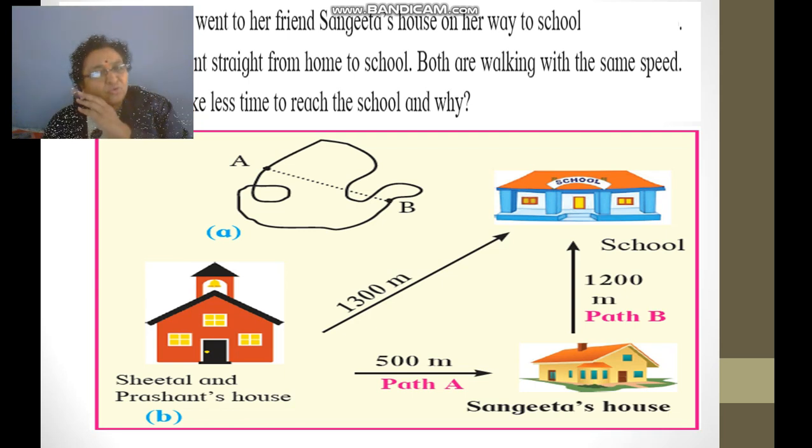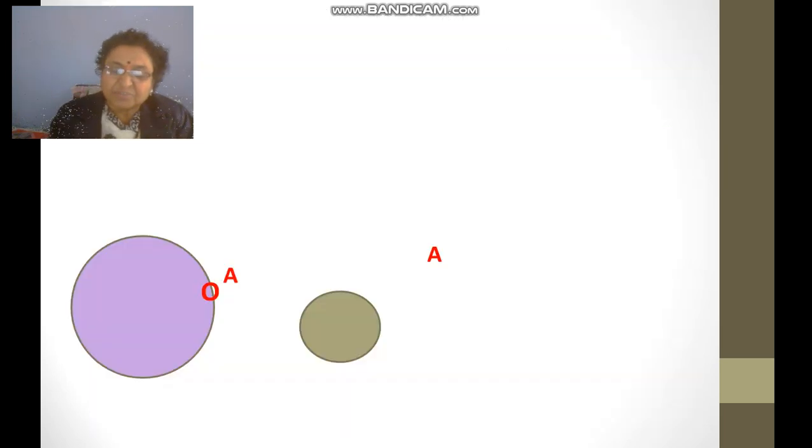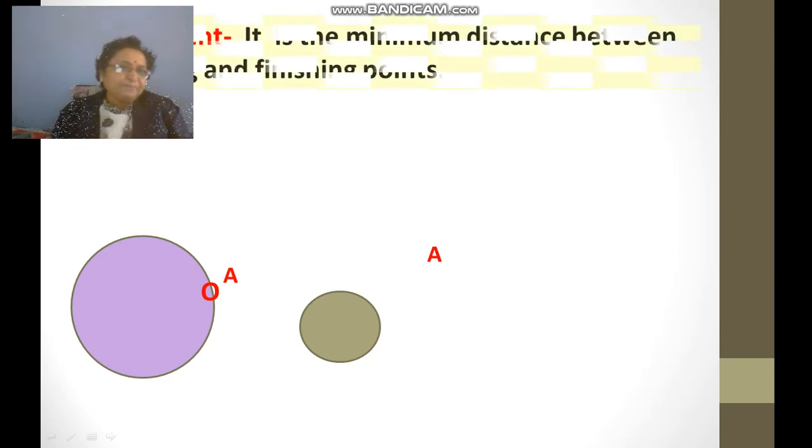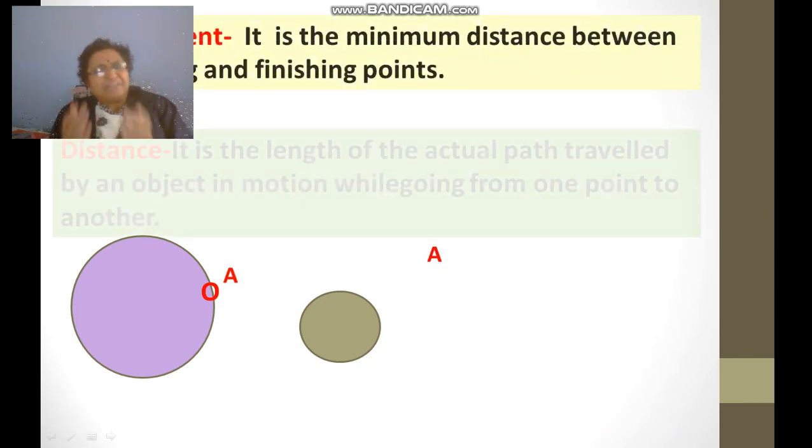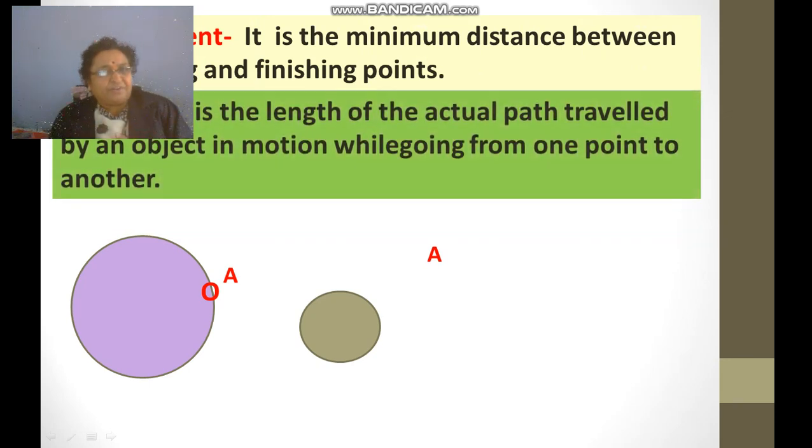According to our geometric rule, students, we can also say that the sum of two sides is greater than that of the third. Obviously, Prashant will reach first. So, what is the difference between distance and displacement? Let us see in the next slide. Displacement is the minimum distance from starting to end point, and distance means the actual path travelled by an object.